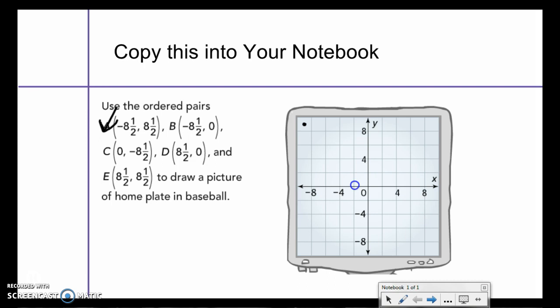Okay? Second point. B, -8.5 and 0. Okay? So we're going to go down, -8.5, like we just did, and 0, which means we don't go up or down. We stay on the line. All right, so B is done.